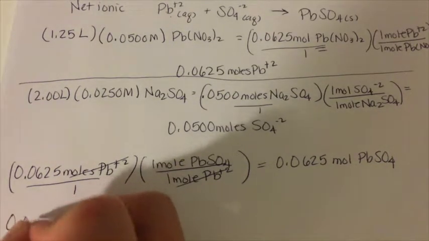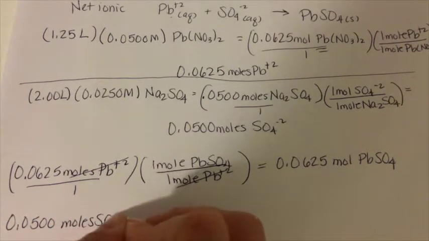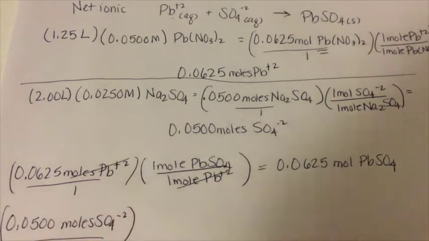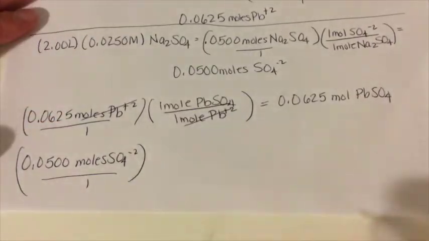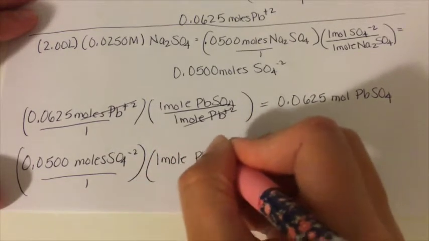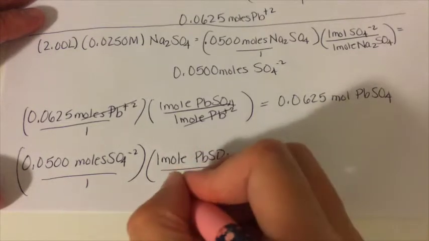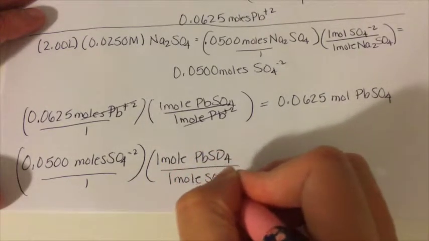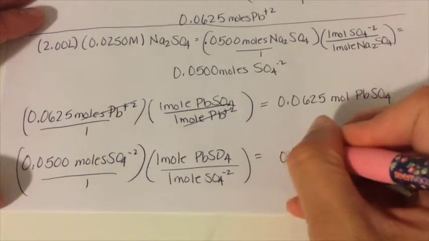So let's do the same thing. This is how many moles of SO4 we're putting in. And now if we use, again, the coefficients from the balanced equation, the coefficient of PbSO4 is a 1. The coefficient of SO4 minus 2 is also a 1.